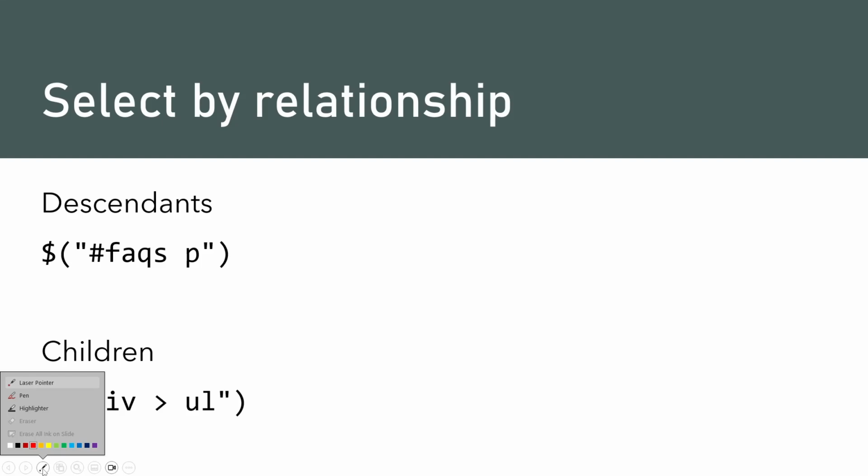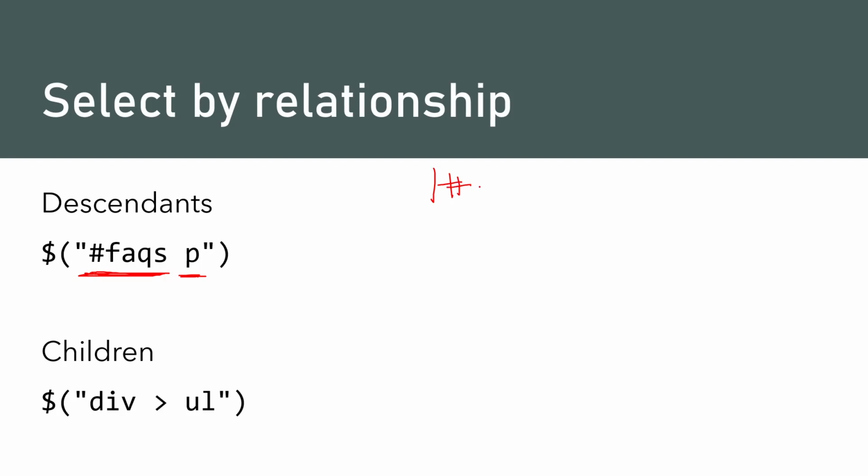So this first one is an example of selecting all descendants. This would select all paragraph elements that are descendants of the element with the ID FAQs. So this would include some element with an ID FAQs.